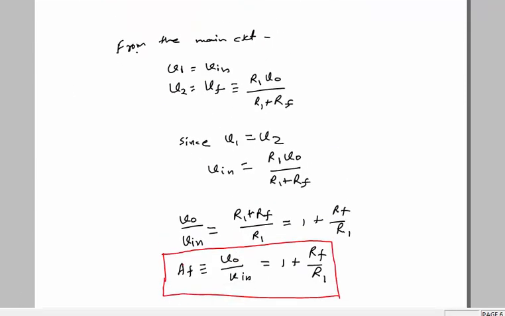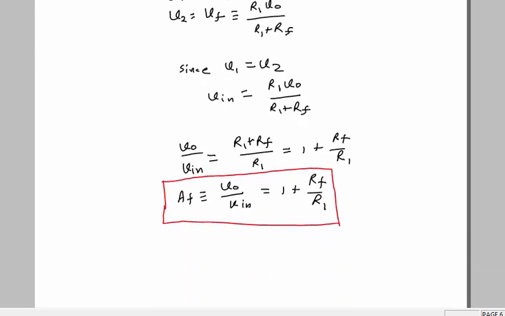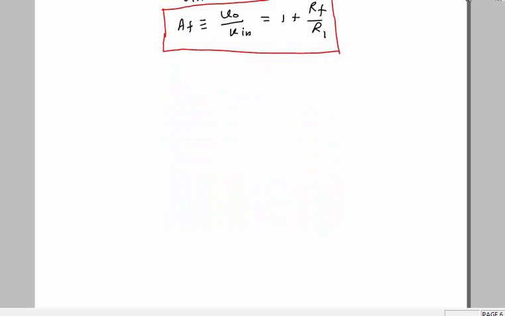More or less all these concepts we have already seen. We are just doing this specifically for the op-amp. Now let us see the input resistance with feedback, what happens.